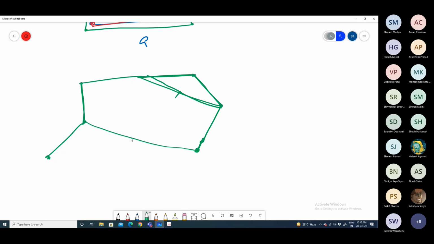Right, now again you can remove this one. Then you get a spanning tree, this. So you can just remove these two edges and you get a spanning tree. You could have removed the other edges as well and you can get a different spanning tree. Okay, so a connected graph always has a spanning tree.